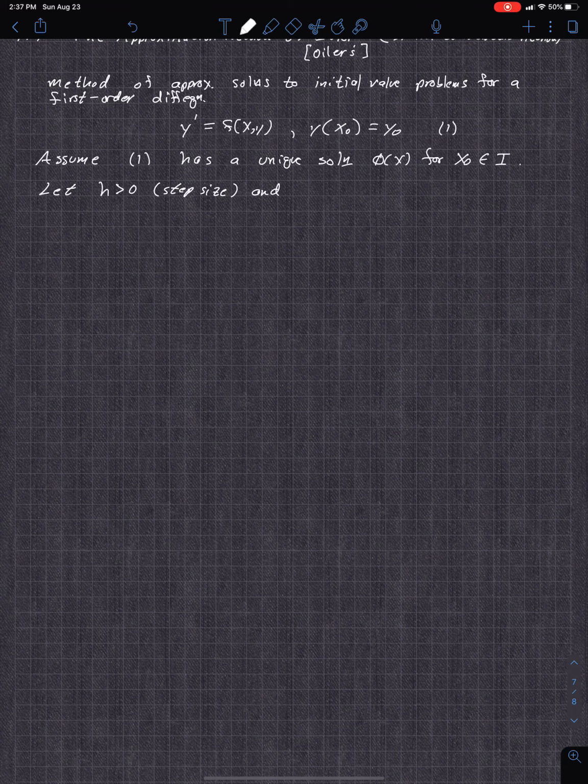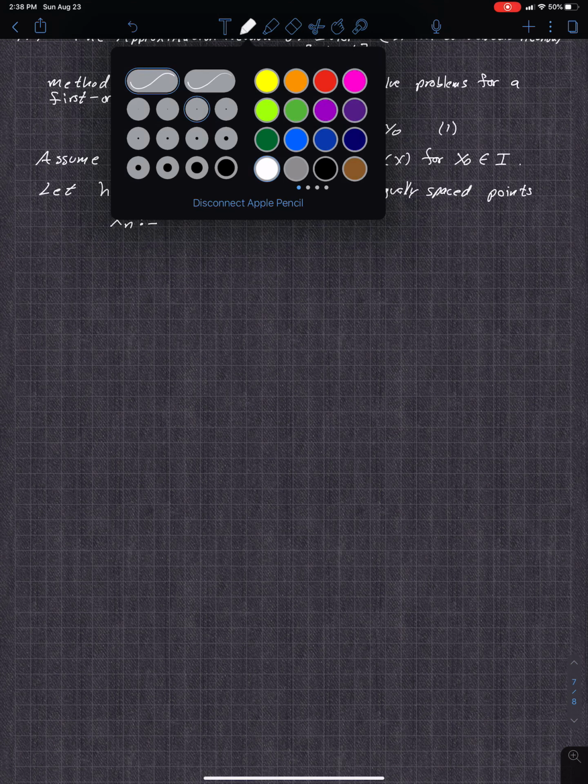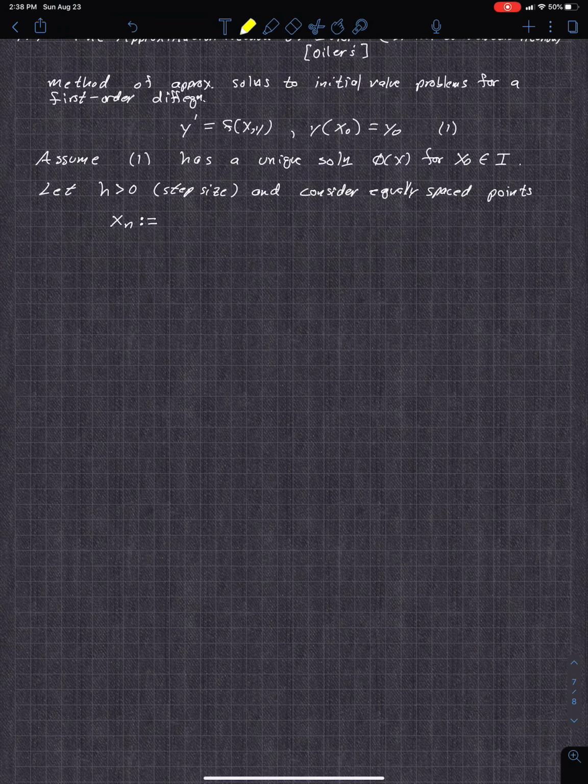And consider equally spaced points that you'll basically substitute in. So your equally spaced points will be x sub n, and this symbol means defined to be. It's kind of new to me, actually.